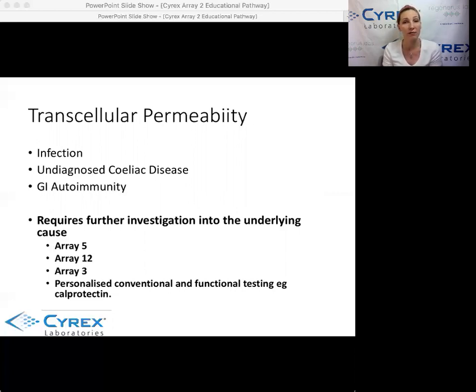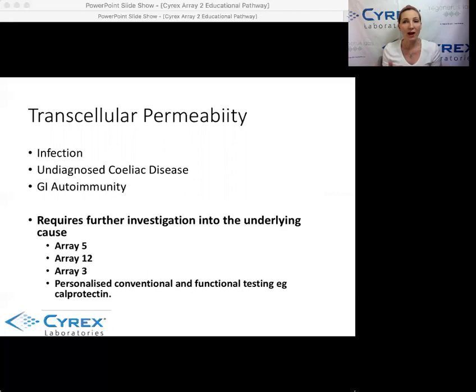And there are only three variables that will cause actomyosin antibodies to be measurable in serum, and those are significant infection. We're not talking about dysbiosis, we're talking about an infectious environment in the gut that is causing damage to the gut wall, where the epithelial cell itself is becoming damaged. Then undiagnosed celiac disease, or GI autoimmunity, non-specified or non-celiac GI autoimmunity.